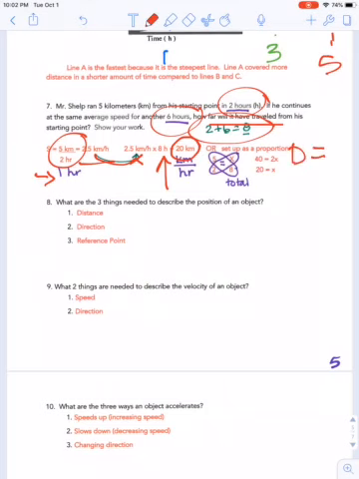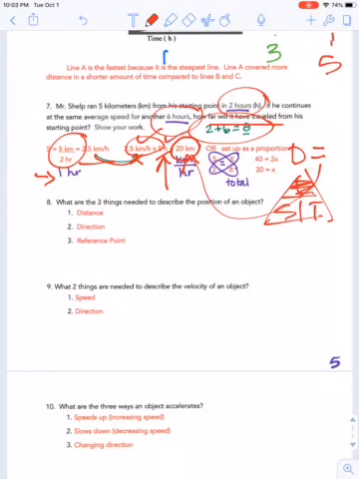And we're figuring out speed times time. We're figuring out what his distance is. So we're covering up that triangle here. And we are multiplying our speed and our time together to give us our 20.